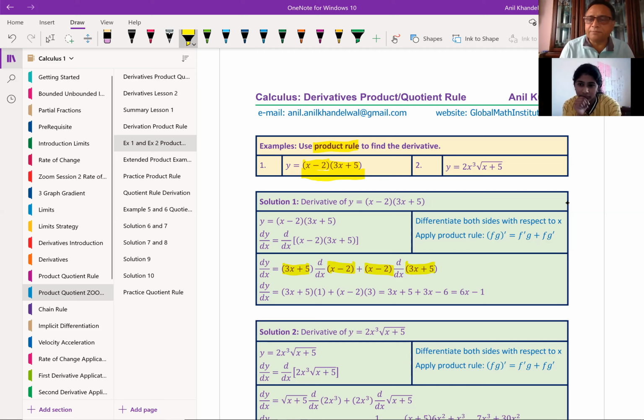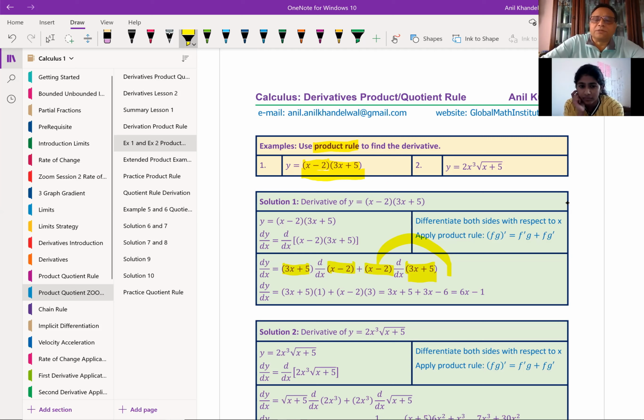In writing, since we are treating that multiplier as a coefficient, we write it before the derivative part. Even otherwise, if you write it later, you will be confused whether it is the derivative of only 3x plus 5 or the product. So avoid that confusion. Is that clear to you? And then it's a very simple derivative, as you can see.